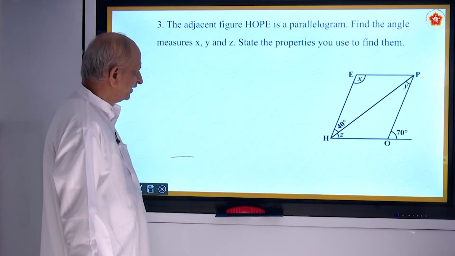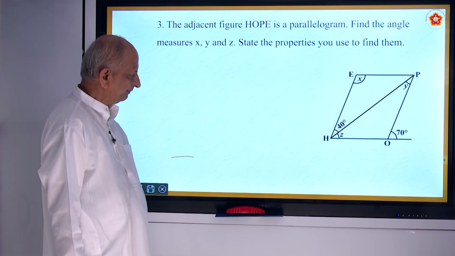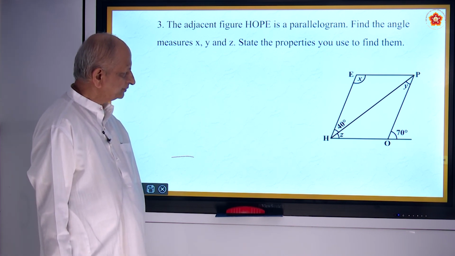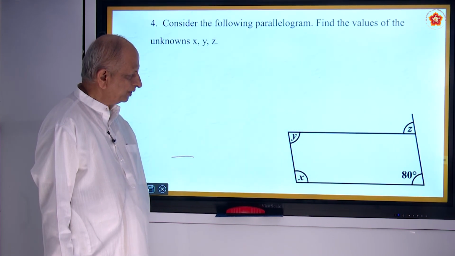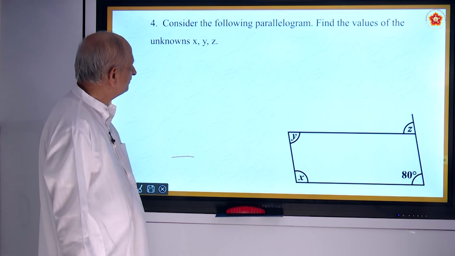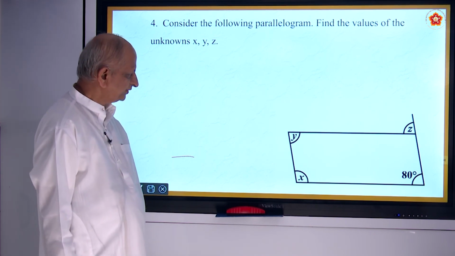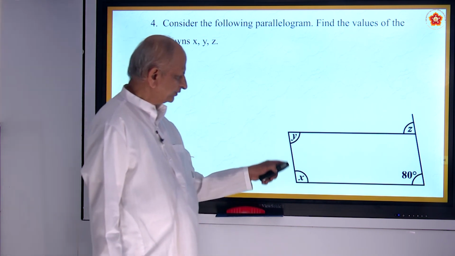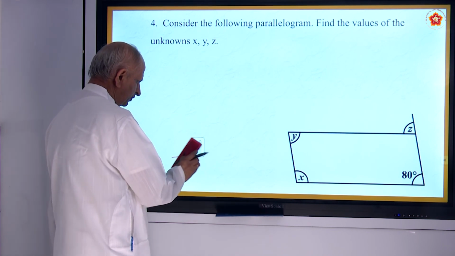Find the angle measures x, y, z. State the property used to find them. Okay. Come prepared for that. Thank you. One more question, consider the following parallelogram, find the values of the unknowns x, y, z. One angle is given as 80 degrees. Okay.